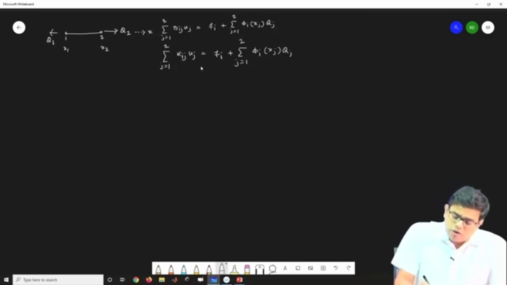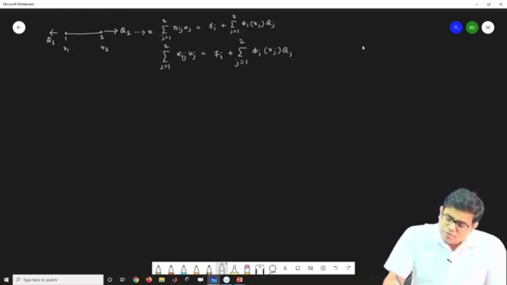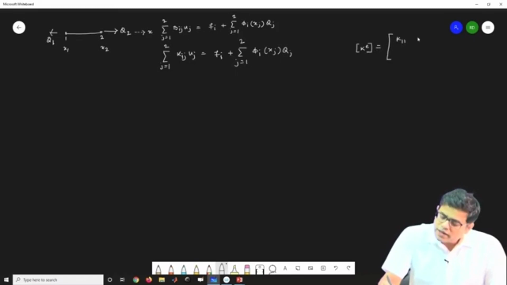So my finite element stiffness matrix, composed of kij, will be as we discussed in the last class: k11, k12, k21 and k22.